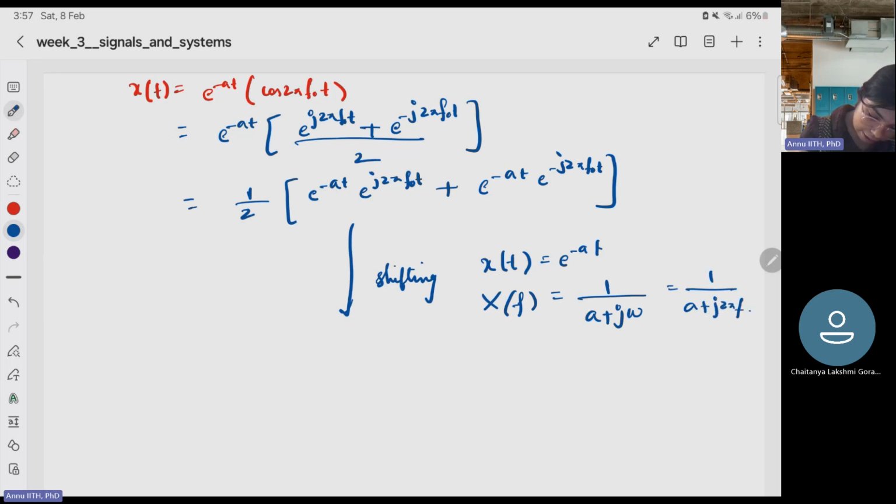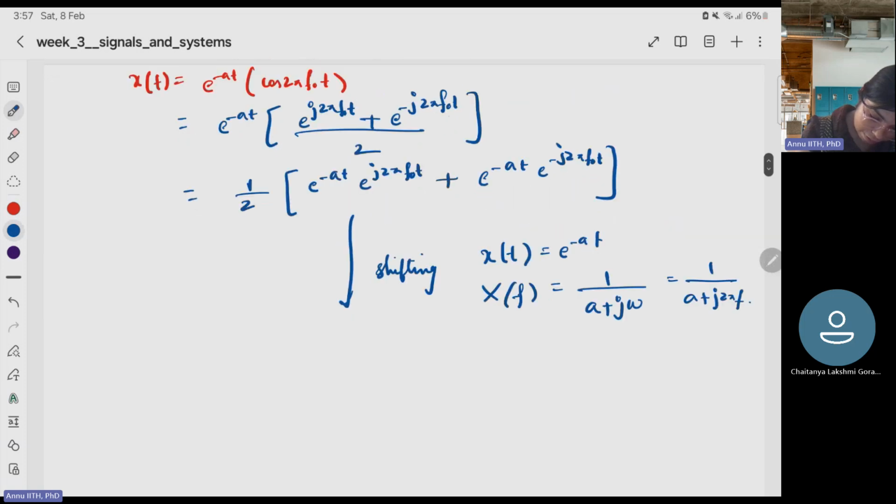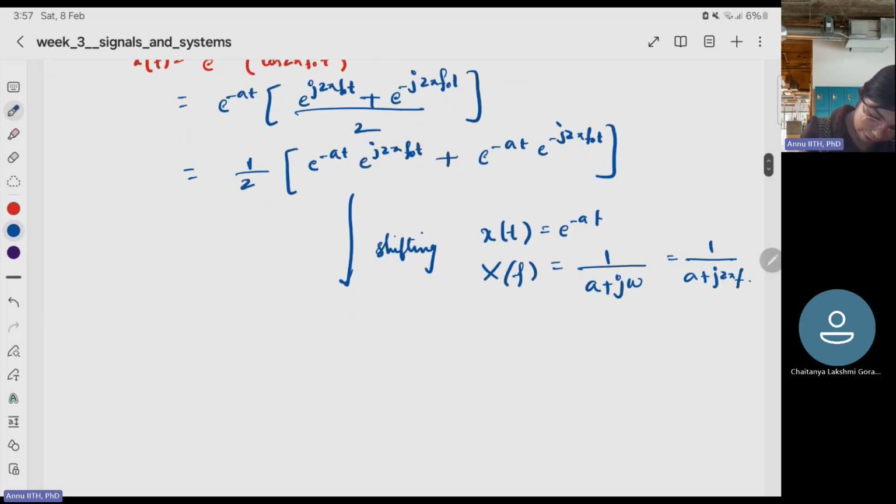Since this is multiplied by this factor, 1/2 outside. Whenever we multiply e^(j2π f0 t) into x(t), its Fourier transform goes to X(f minus f0).